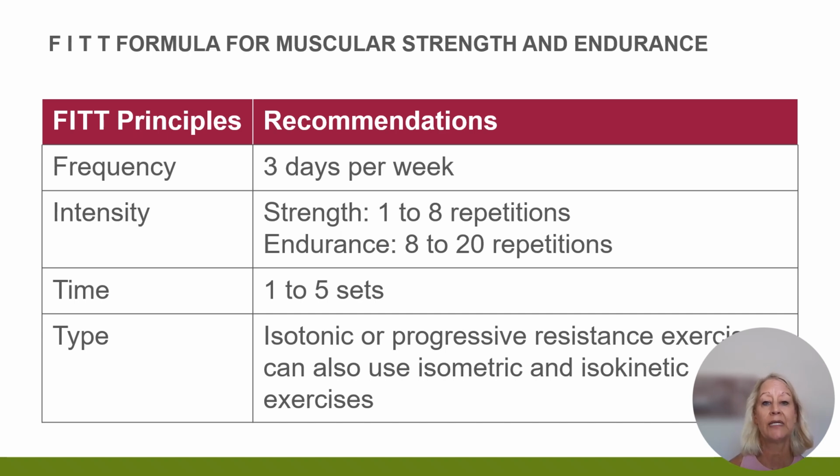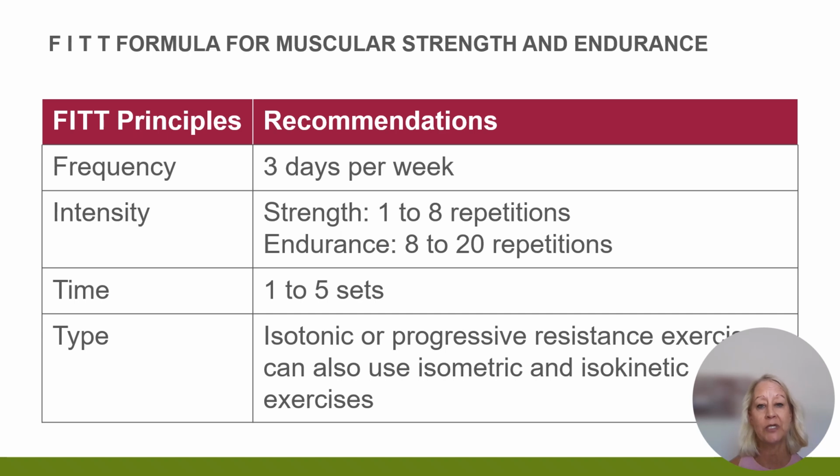So the formula really depends upon the types of exercise that you're doing to build muscular fitness, whether you're using isotonic or progressive resistance exercises, moving a constant weight through a range of motion, like squats, push-ups, and bicep curls. And progressive means you're gradually increasing the weight as you get stronger.